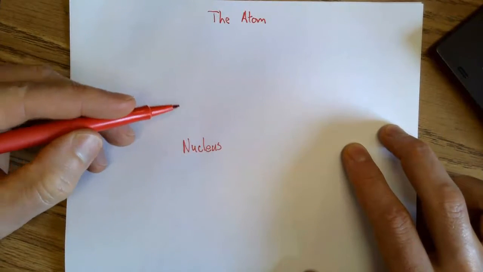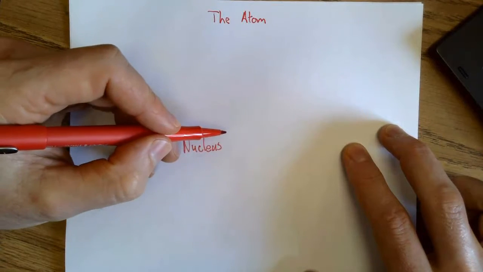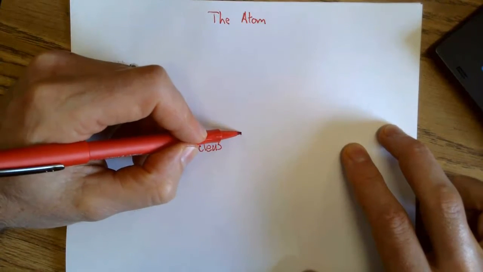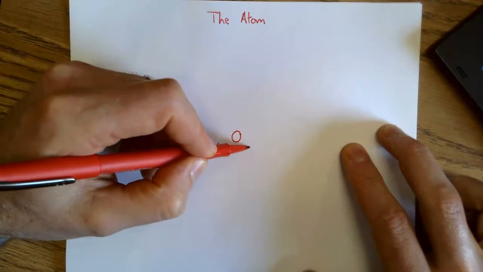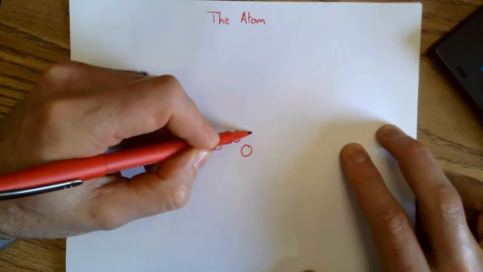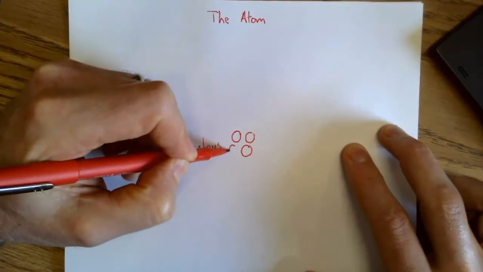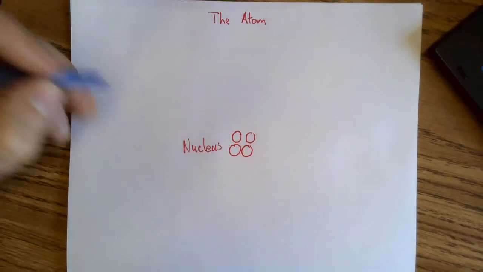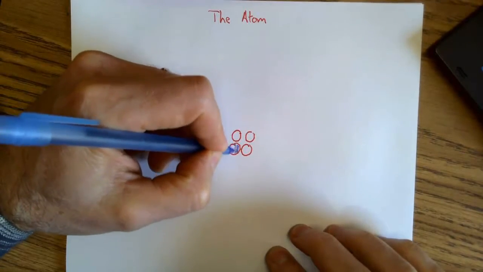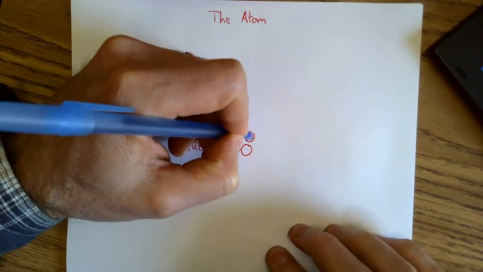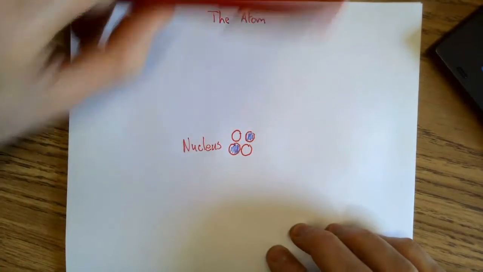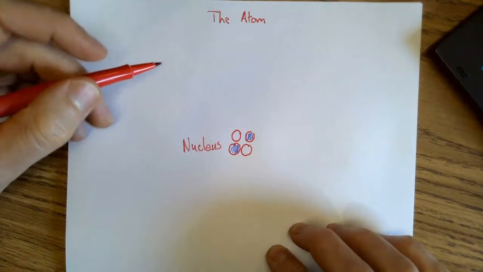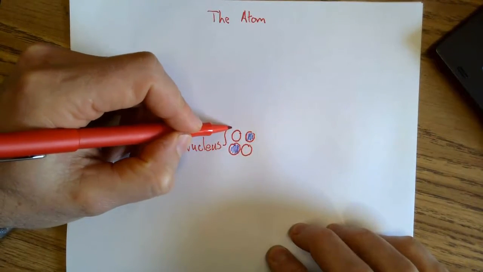And in the nucleus, there are two different kinds of things you might find. One is called a proton, and the other is called a neutron. I'm going to color my neutrons blue, and I'll leave my protons red. So that's the middle, the nucleus of the atom.